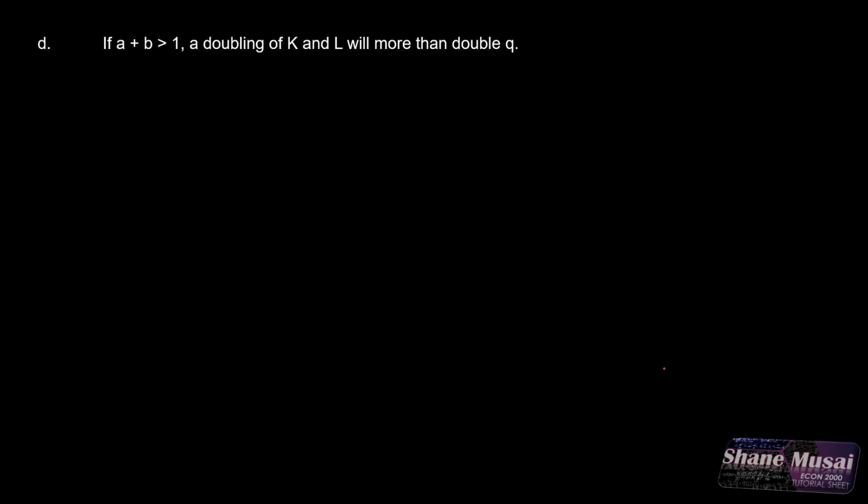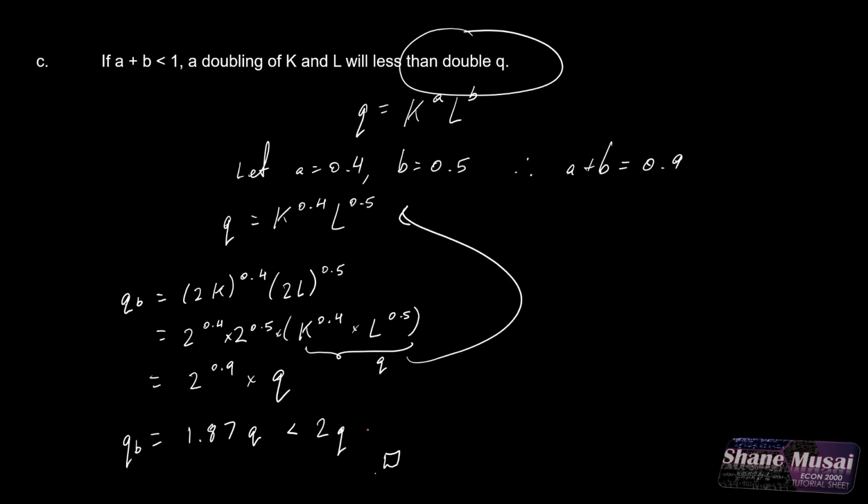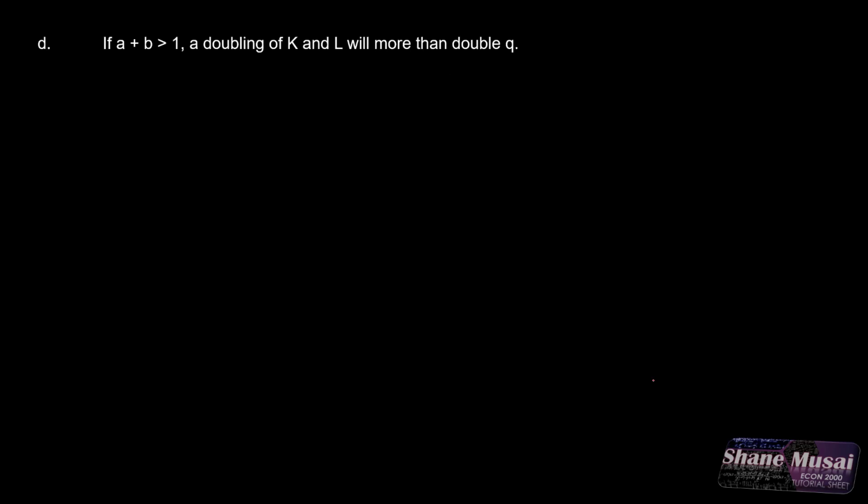So in the previous case, since we less than doubled Q, this would have been decreasing returns to scale, right? Now, in this question, I'm expecting to see increasing returns to scale because we double K and L, so we double the input factors, but we want more than double the output.